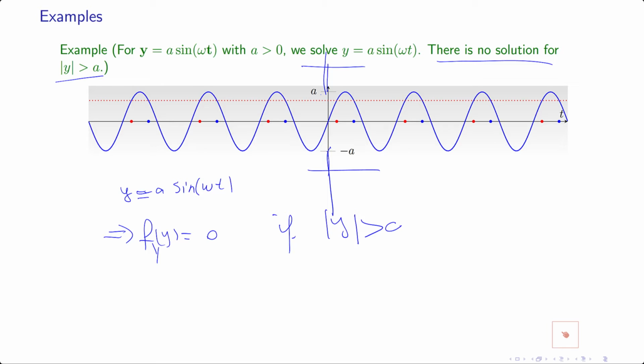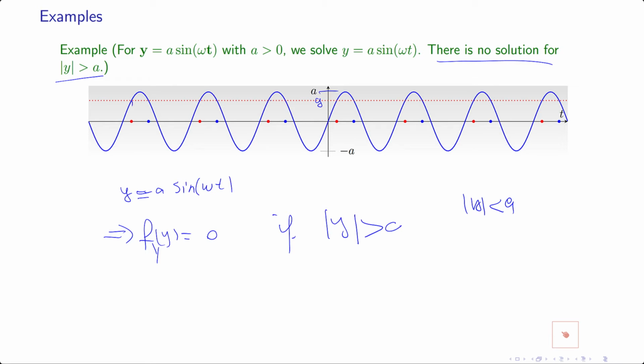If the magnitude of y is smaller than a, that means you are in this interval, you draw this line. Let's say this is your y. I draw this dashed red line here, and what you get is that this blue sinusoidal curve crosses the dashed line, and then we get the solution. So I get two sets of solutions.